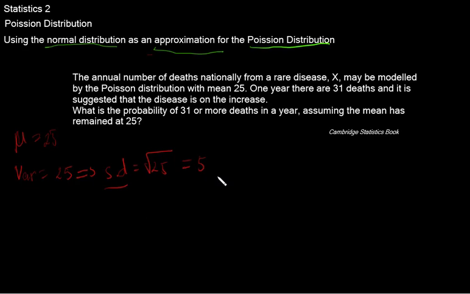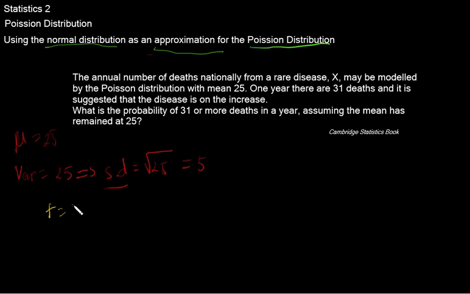The variance is 25, which shows that the standard deviation is the root of 25, which is equal to 5. So this is the standard deviation. So we will be treating this the same as the normal distribution.